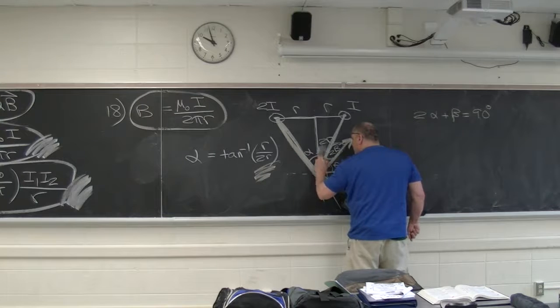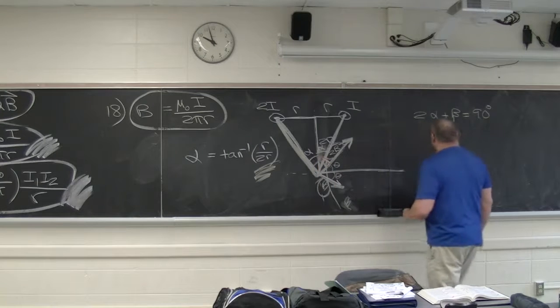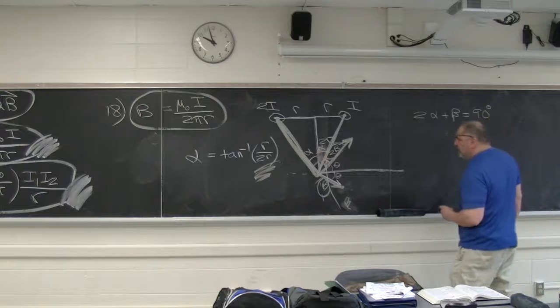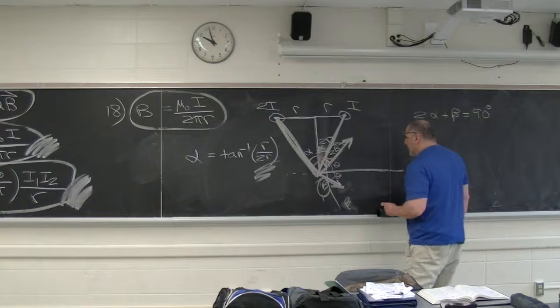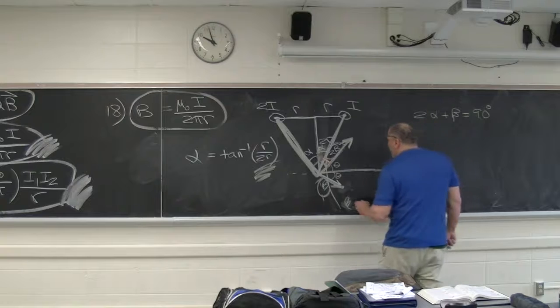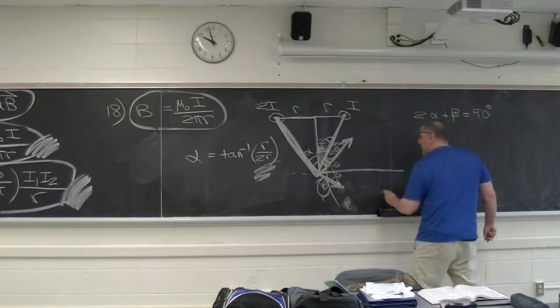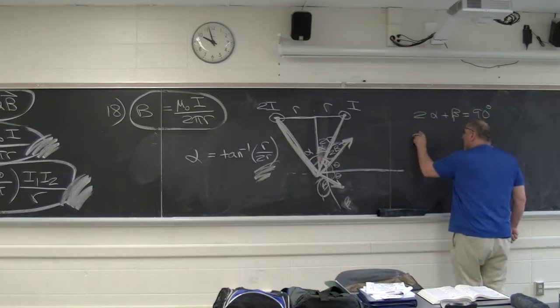I mean, this is definitely alpha, guys. Alpha there, but let's make beta just right here. 2 alpha plus beta would give me 90 degrees, and we could also say 2 theta. This right here, 2 theta plus beta.